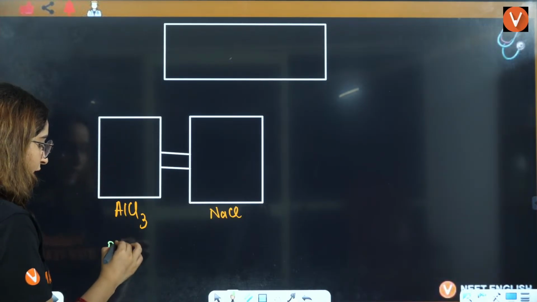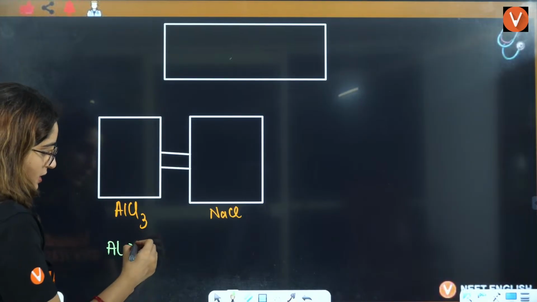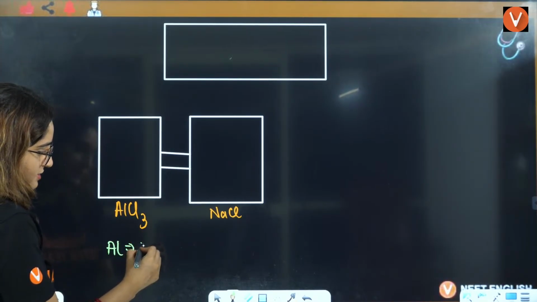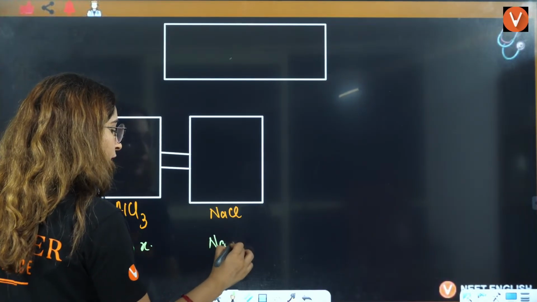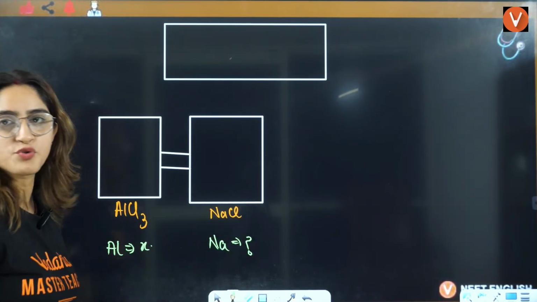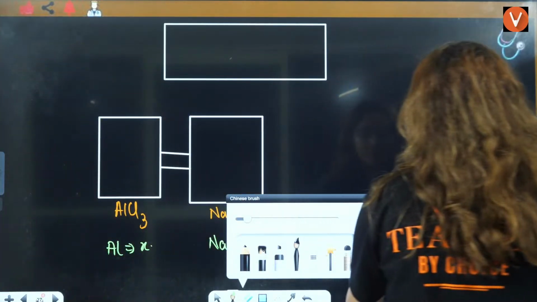They have given the weight of Al deposited as x gram. You have to tell how much sodium will be deposited here. This is what they are asking you.